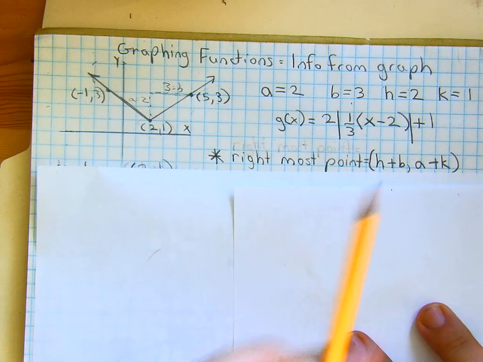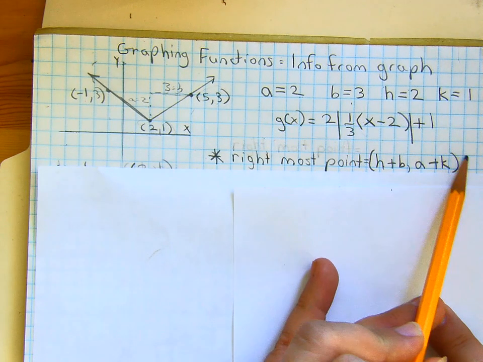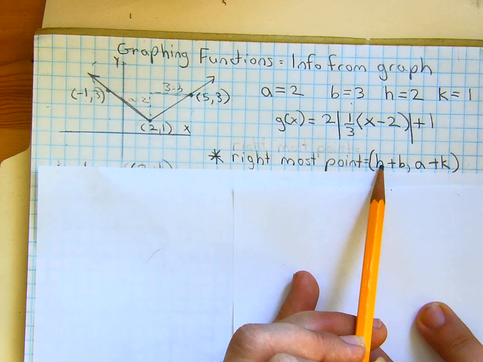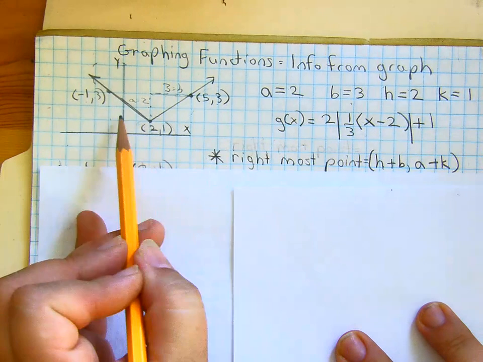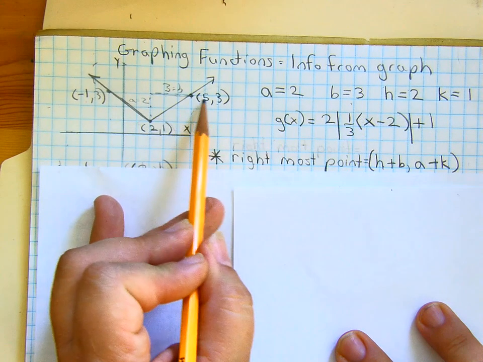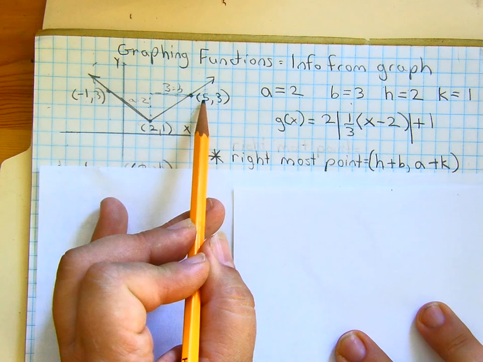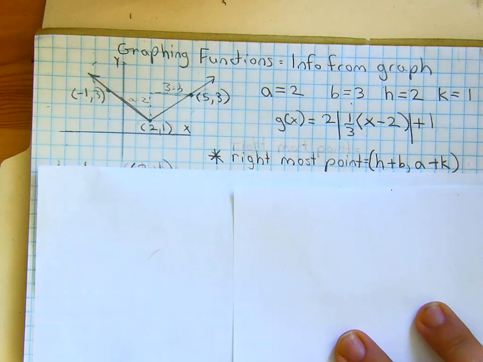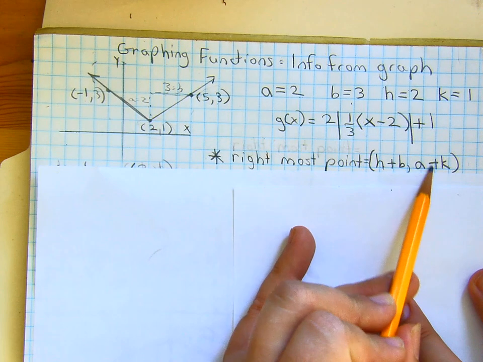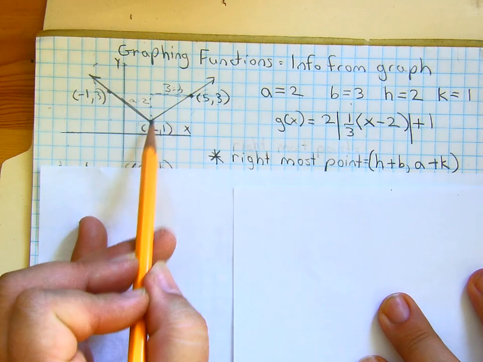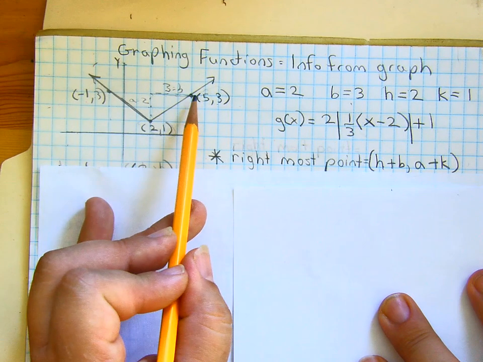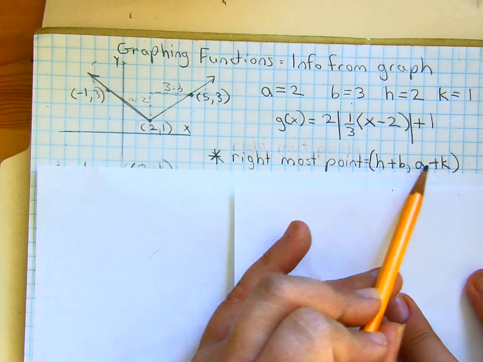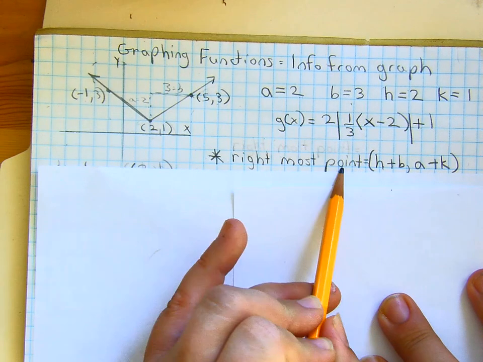So our rightmost point, just to reiterate that, is a composite of h and b put together. So when you put the h and the b together, you get this rightmost point, the x value of the rightmost point. When you take the a and the k and put them together, you get the y value of the rightmost point.